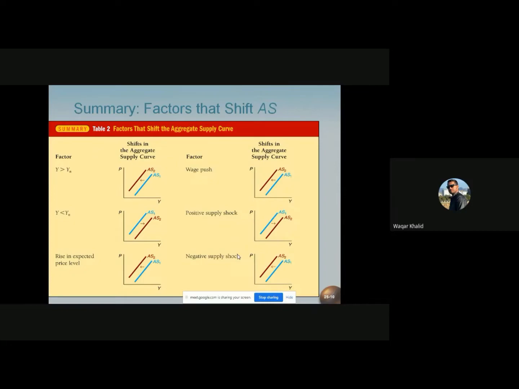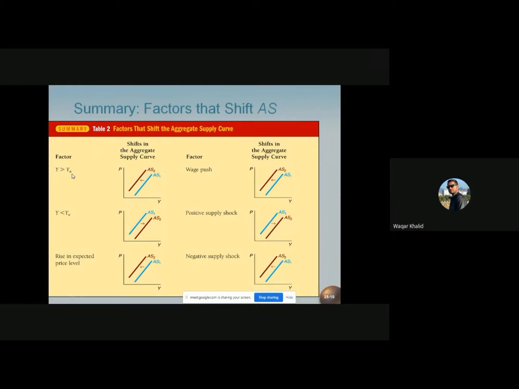When aggregate output is above the natural rate level, the aggregate supply curve will shift to the left. And when the aggregate output is below the natural rate level, the aggregate supply curve shifts to the right.